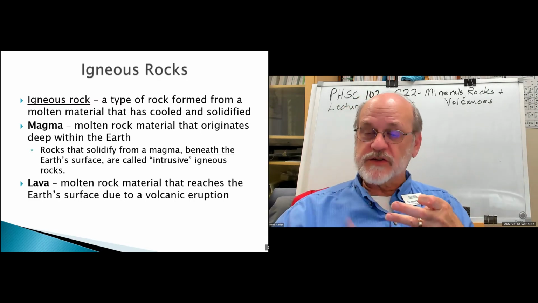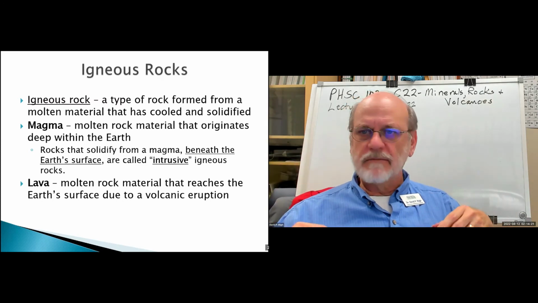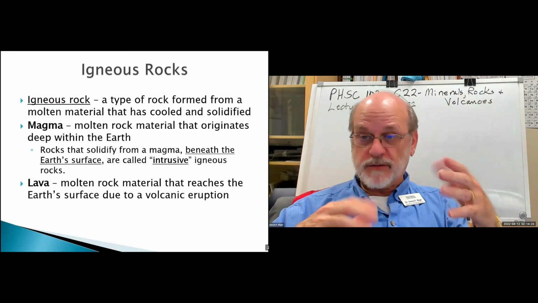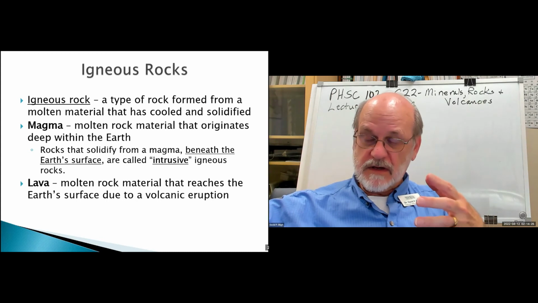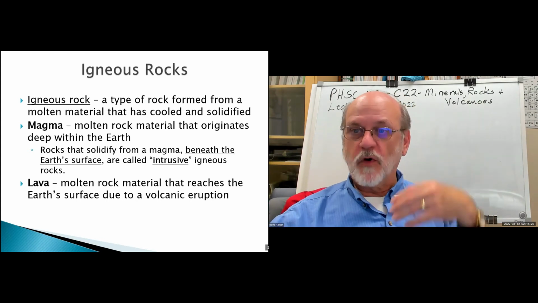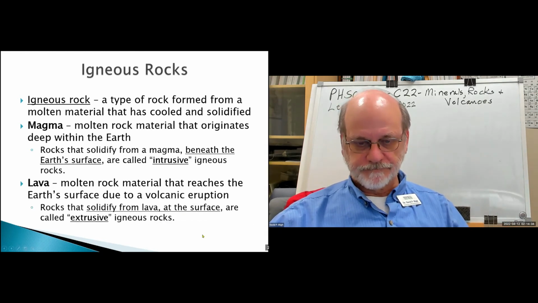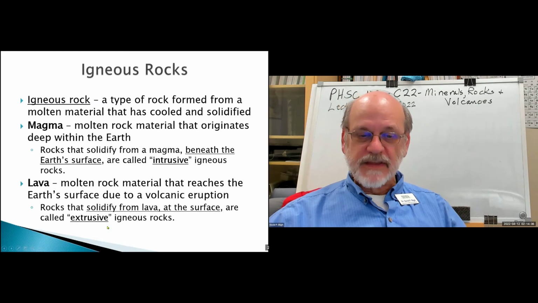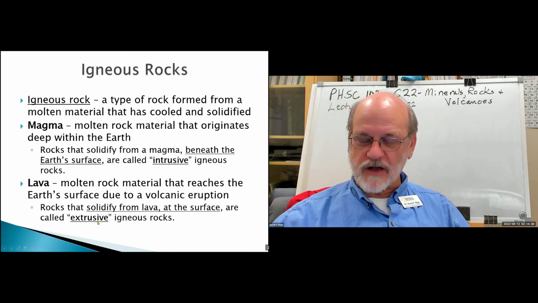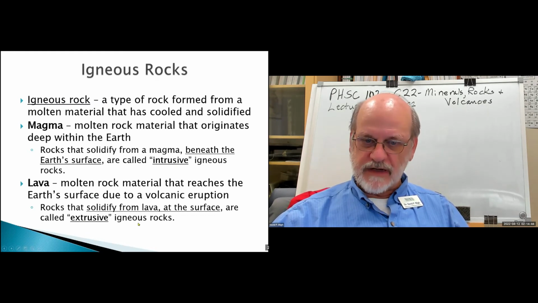Whereas lava, when it reaches the surface, the air pressure is different, the pressure on it is different, the temperature difference between the lava and the environment is different. It will usually cool faster and form different mineral structures. These are called extrusive igneous rocks. So magma always forms intrusive, lava always forms extrusive igneous rock.